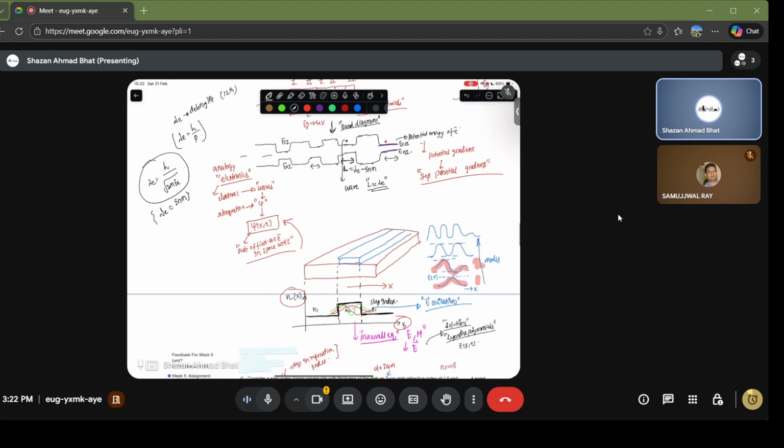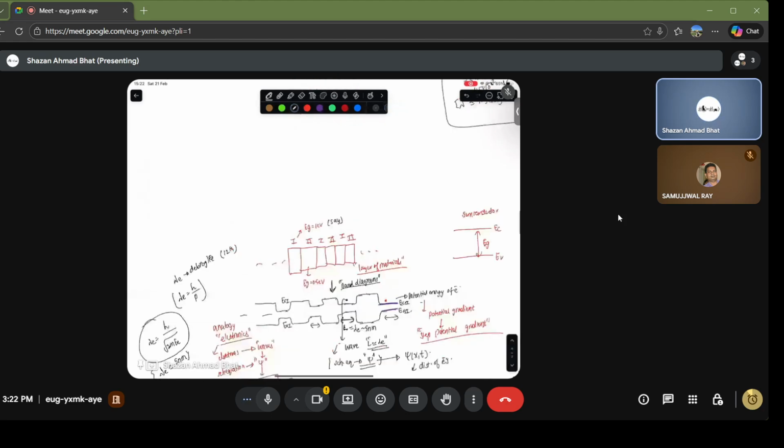And once the electron is a wave in this particular region, you need to solve the Schrodinger equation to get the wave functions. Once you get the wave functions, which are functions of space and time, they tell you the probability distribution of electrons. So once you solve the Schrodinger equation for this system, which is a graded potential.